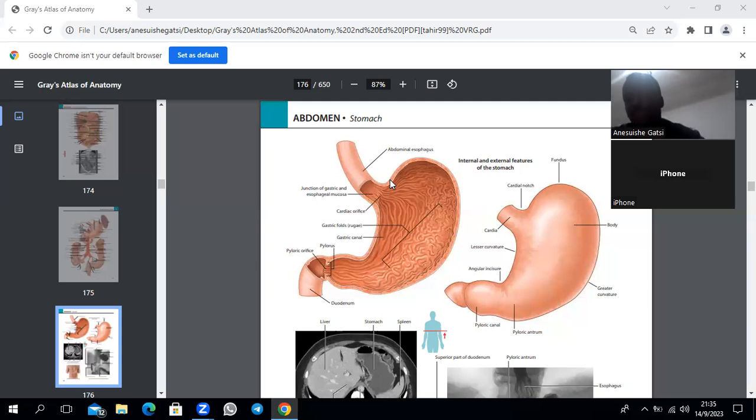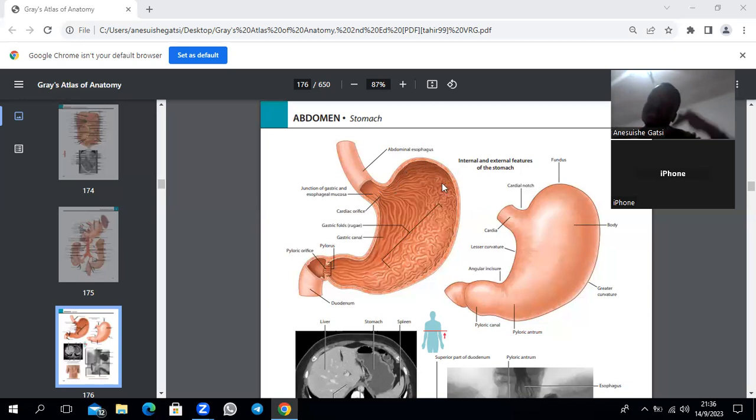Content-wise, you know the physiology. It's made up of four parts. There is the end where the esophagus joins here, which is the cardia. There is the end that projects above the surface, where the esophagus goes, which is the fundus.